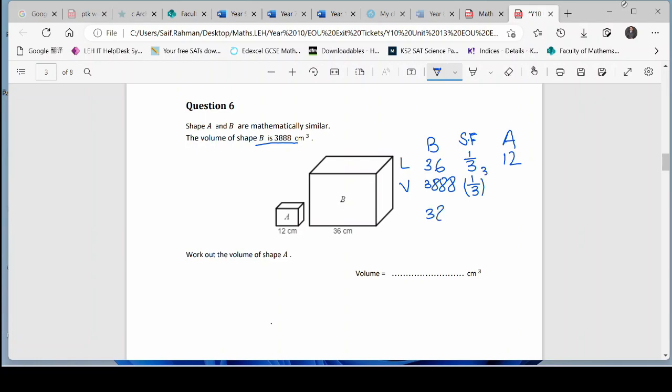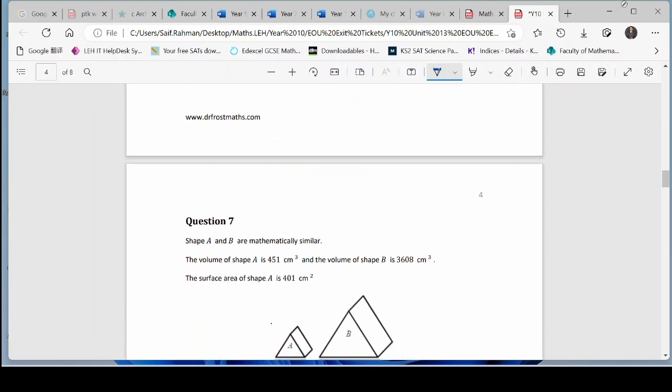So now 3888 divided by 3: 3 threes are 9, 9 threes are 27. So this will give us 144 centimeter cube. So 144 will be the answer.